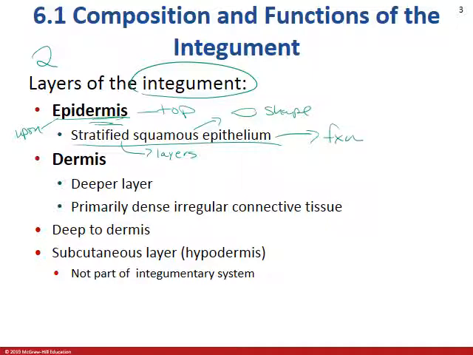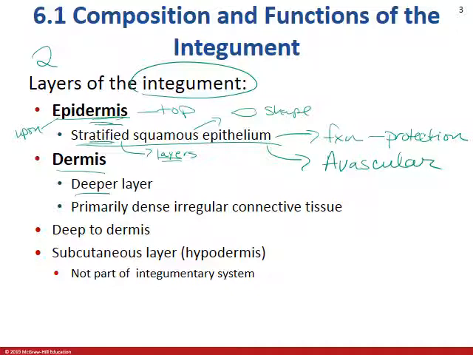So if it's epithelium, its functions could be absorption, secretion, or protection. But we know stratified layers that our function is probably going to be protection. And then what about vascularity? So epithelial tissue is avascular, does not have its own direct blood supply.